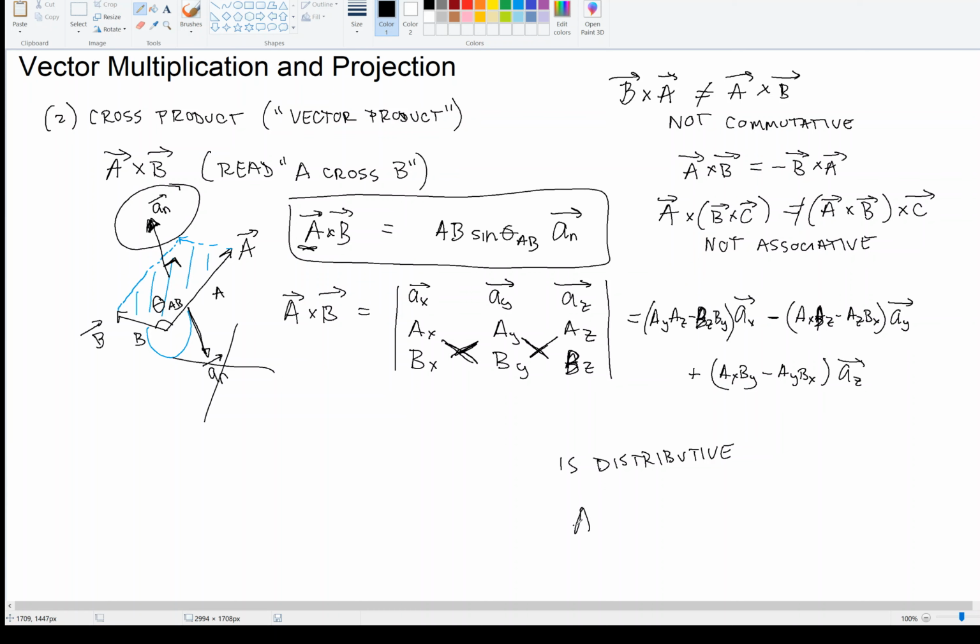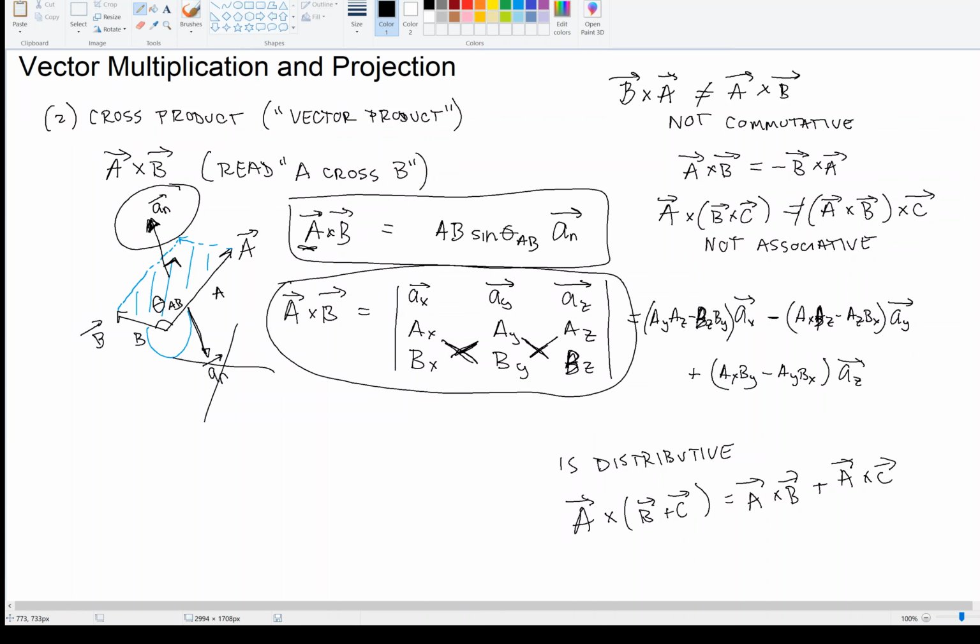So if I take A cross B plus C, this is equal to A cross B plus A cross C. So how would you prove these things? Well, you go to the definition and you see, do these things work out like I'm saying they work out? So I challenge you to check those things out.